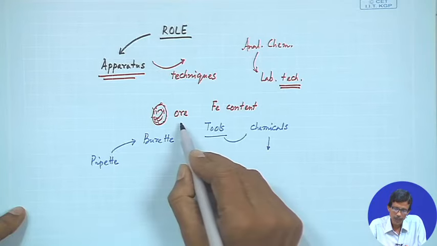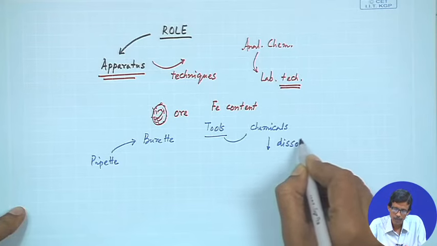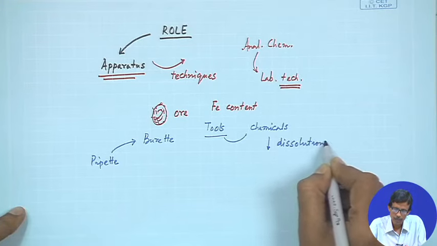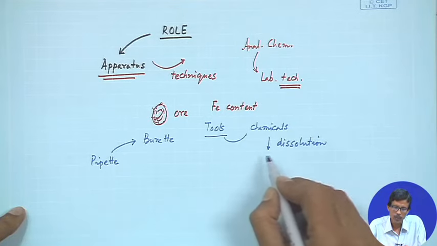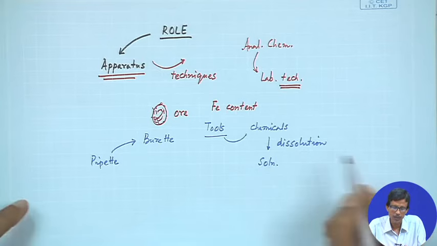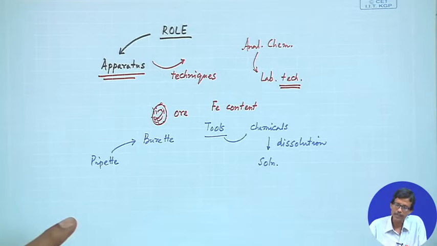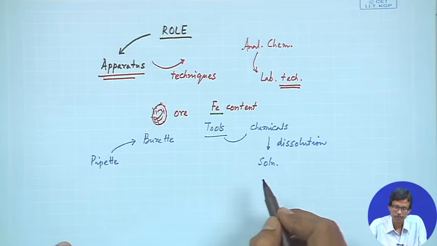That means the ore, and the next immediate problem to that ore is the dissolution. How can we dissolve this ore into some solution such that ultimately we have the solution where the analytes are present and we can analyze that particular solution for its iron content?